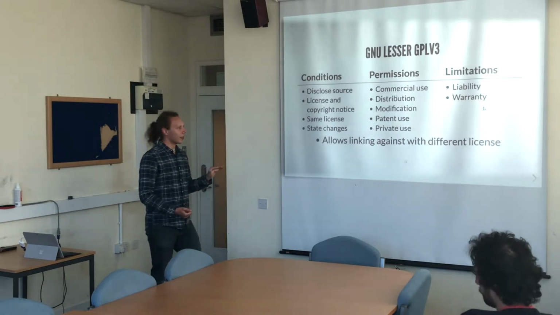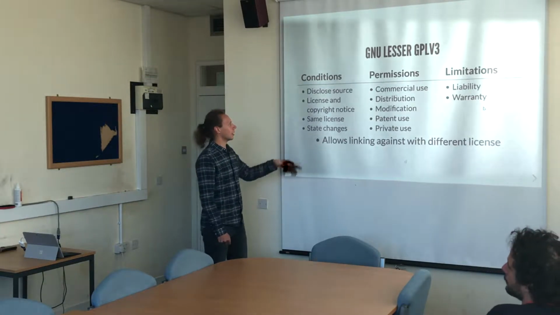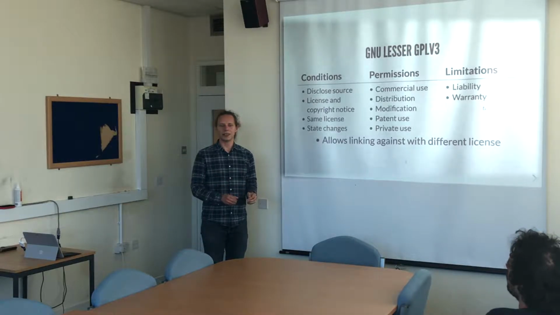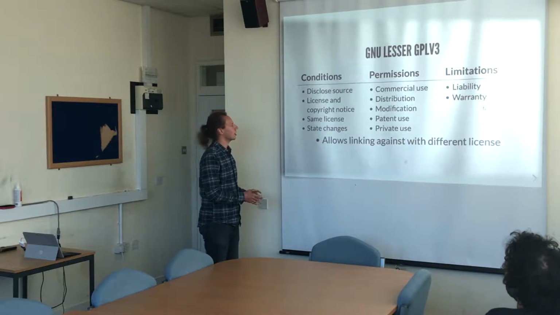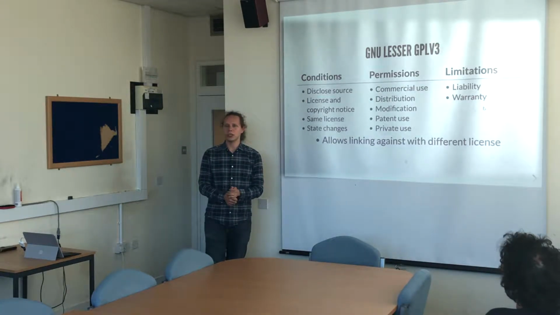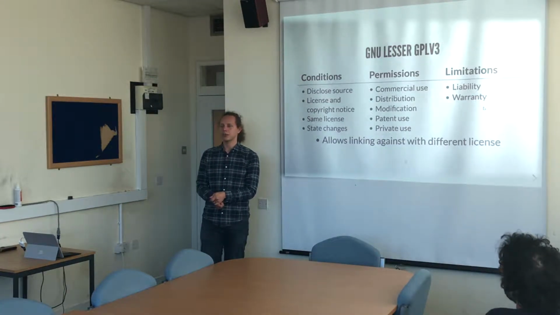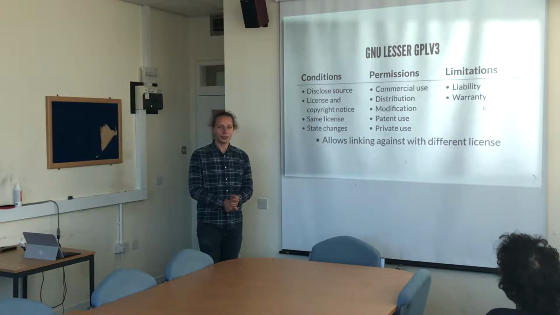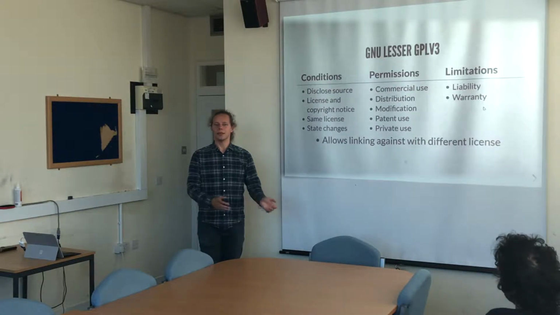Now, in GNU licenses or copyleft licenses in general, you have these conditions, essentially. So you have to disclose the source. Whenever you distribute this software for any purpose, you have to give the source code. Now, the way you do it doesn't have to be on the same download as the software you're distributing, but it has to be available somewhere.